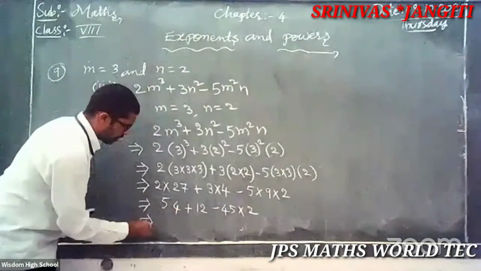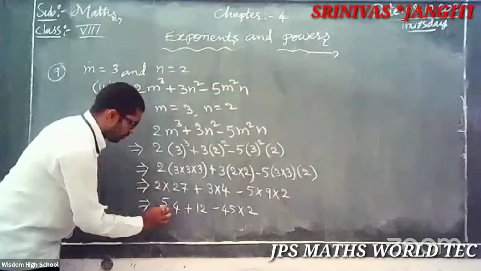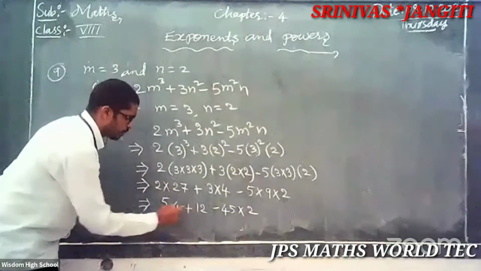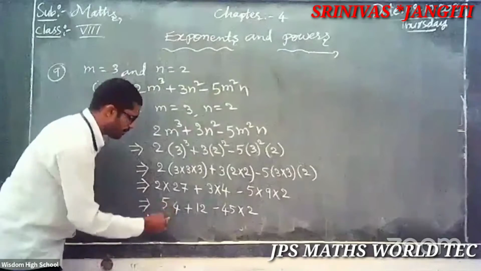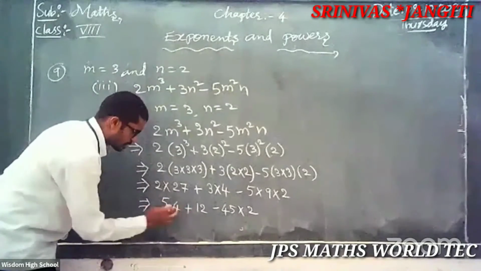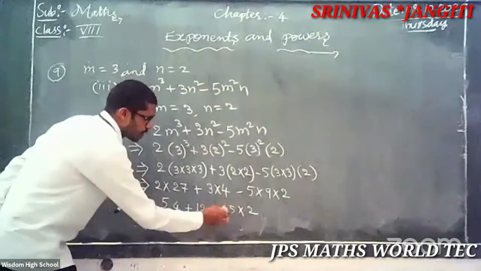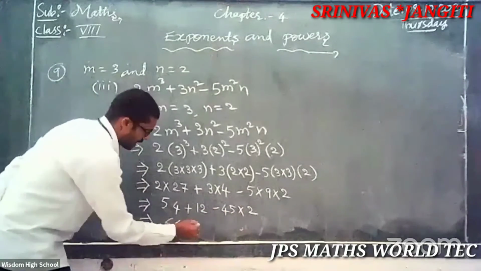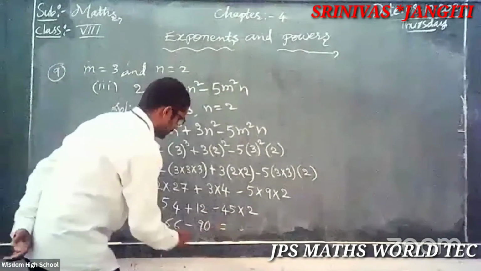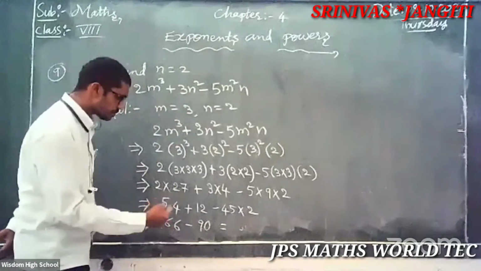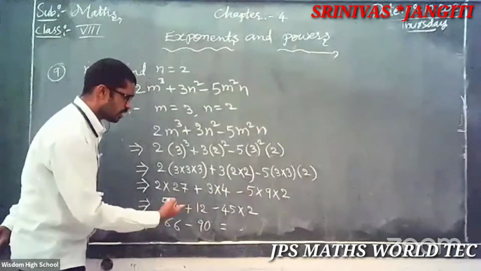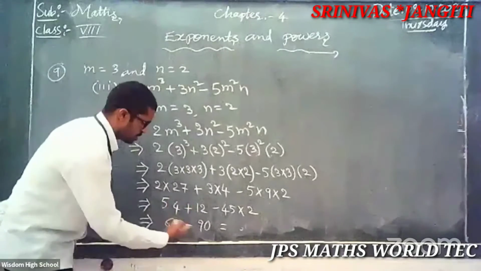Then here, what is that? 54 plus 12. What is here? 54 plus 12? Tell me. Yeah, 66. Minus, what is here? 45 2s are 90. So what do you get? Yes, tell me. How is that?